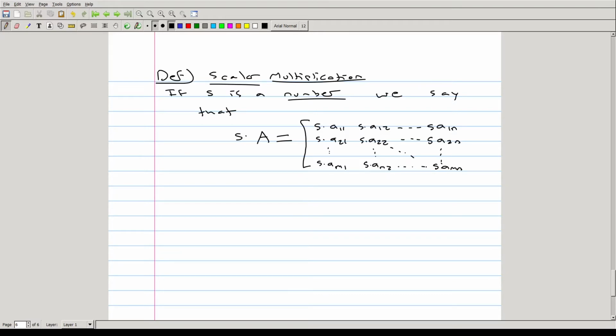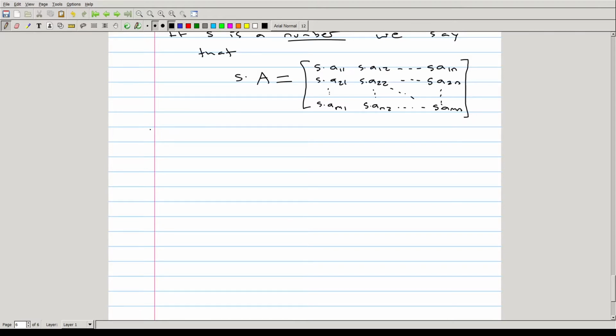So the idea here is that scalar multiplication with the matrix A is just the component-wise multiplication of a scalar, or a number from the field of numbers that the matrix is coming from. These multiplications need to be defined.